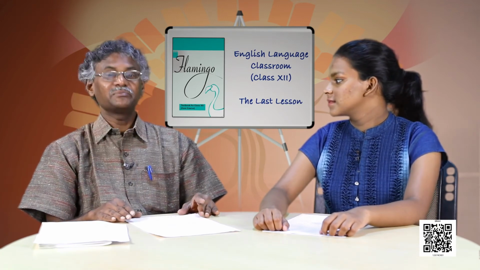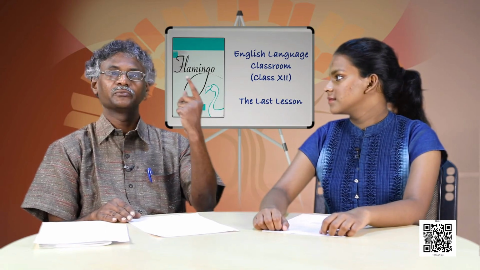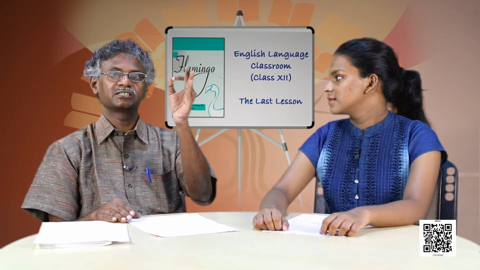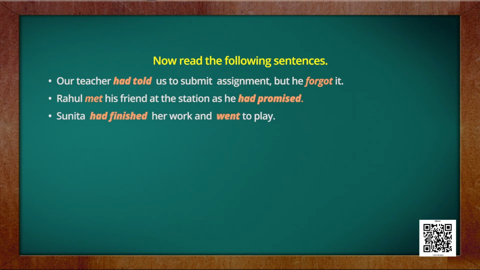So, let me read out, learners, whatever Devyani has read out. You please notice the words in bold. Our teacher had told us to submit the assignments, but he forgot it. Rahul met his friend at the station as he had promised. Sunita had finished her work and went to play. When I reached the station, the train had already left.